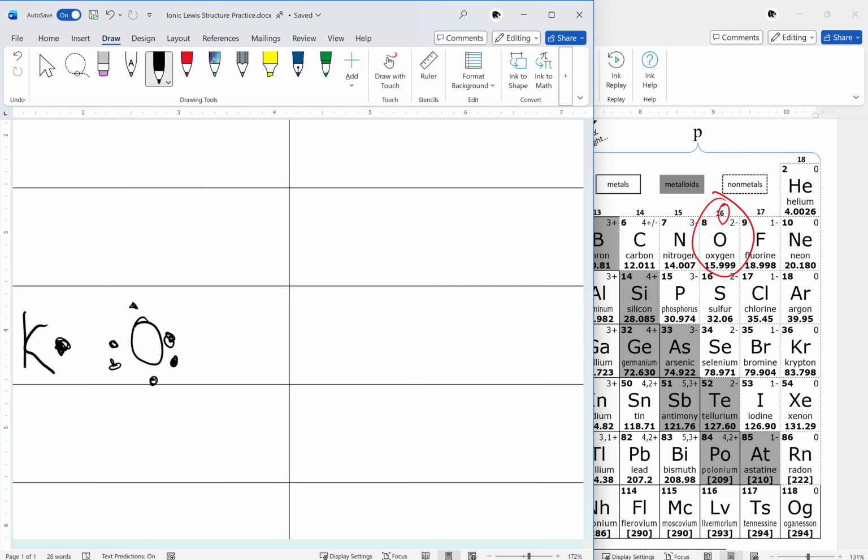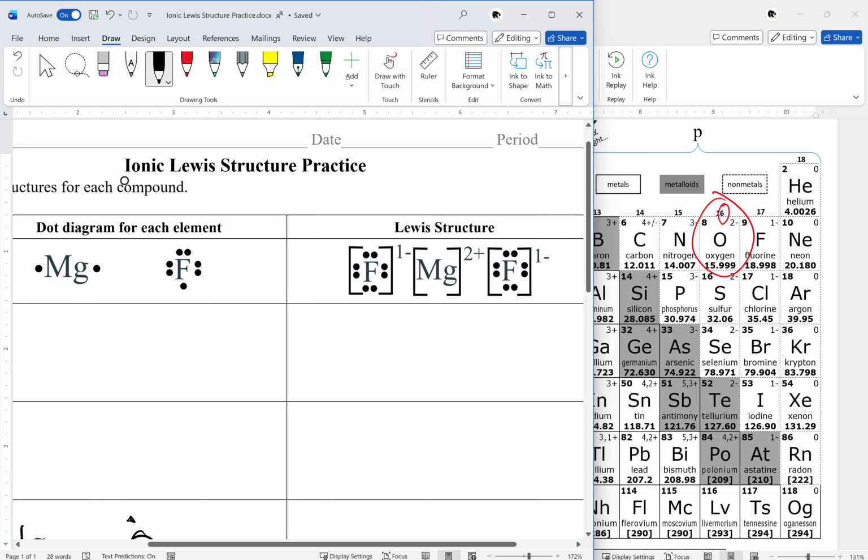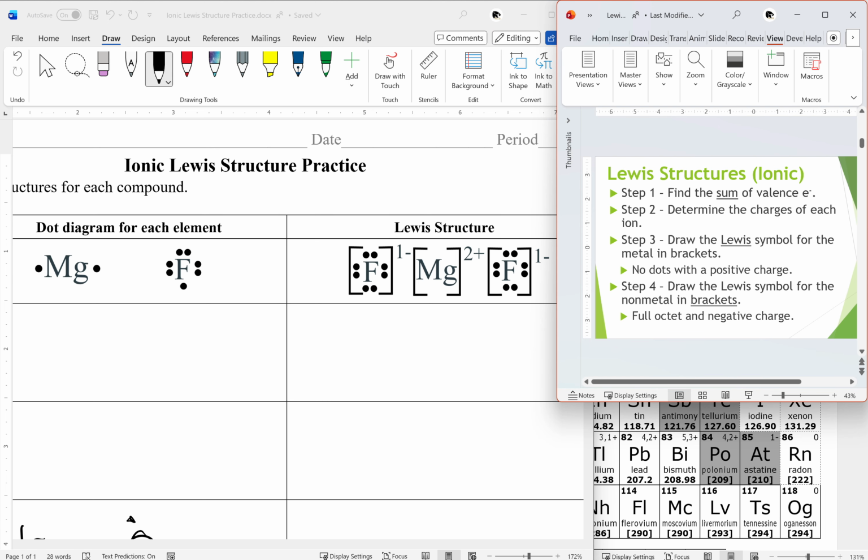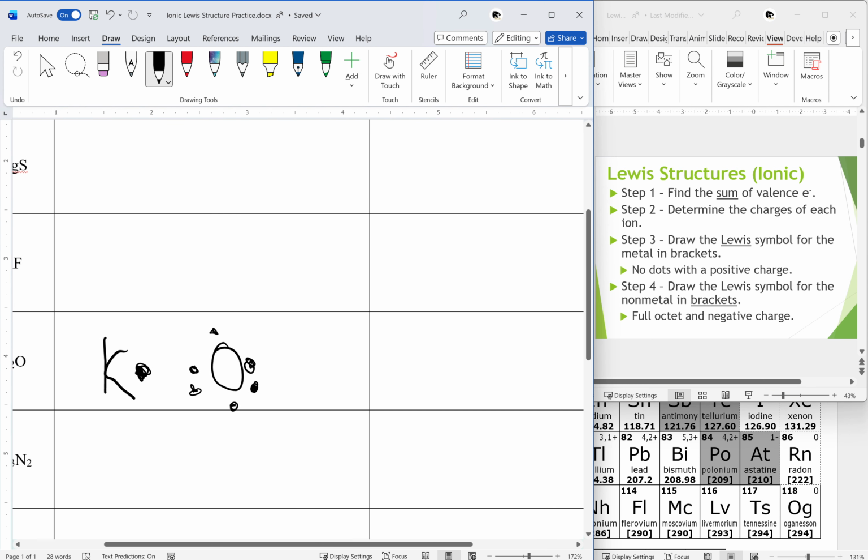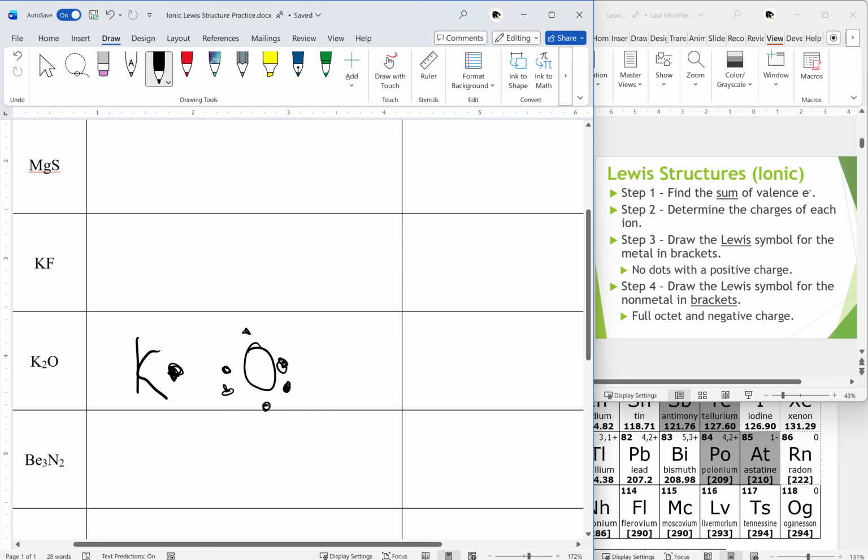In this next column, you're going to get your Lewis structure. If you refer back to your notes, step 1 was to find the sum of valence electrons. Potassium has 1 each, and there's 2 of them, and then oxygen has 6 total. So I have 8 as my sum. To determine the charges of each, it's how many electrons they gain or lose.